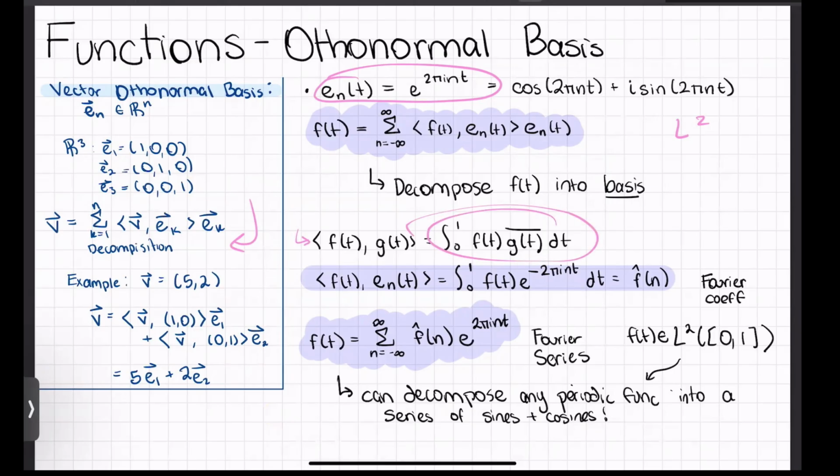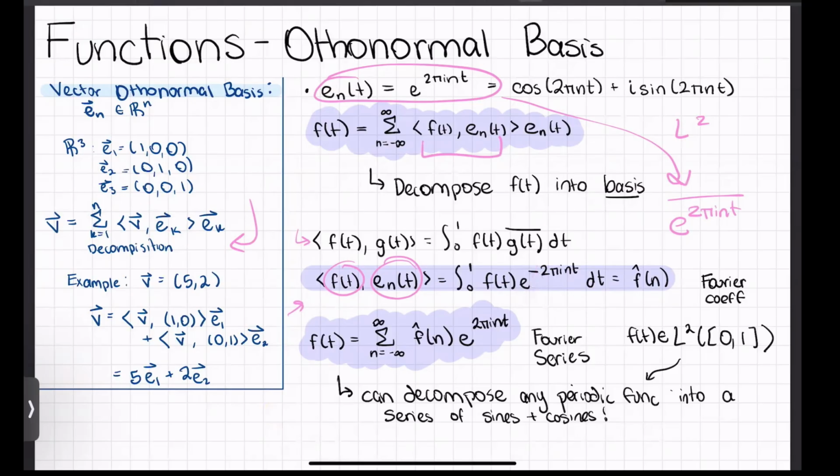It's f of t times the conjugate of g of t. And if we follow that, the dot product of f of t and e to the 2 pi int is going to be f of t times the conjugate of e to the 2 pi int, which we get from right here, which in this case makes it just negative.